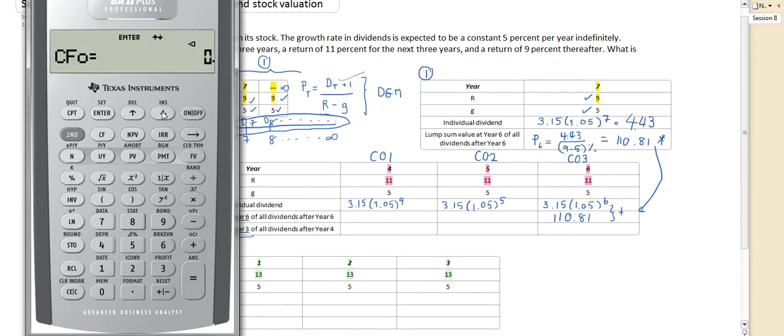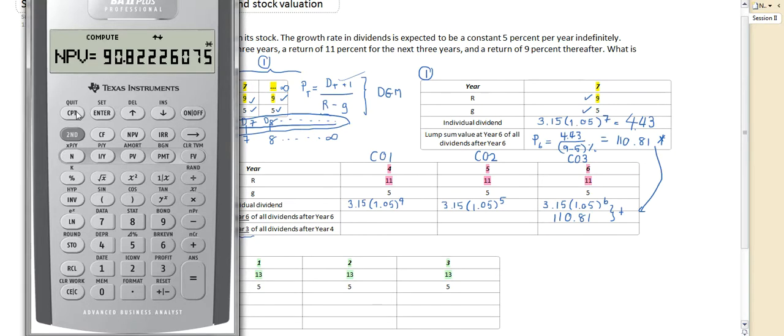Okay, so CF0 is 0, and this is CO1, 2, 3. Okay, we good. Then you compute the present value of this cash flow with the rate 11 right here, right? So put 11 here, enter, and compute.